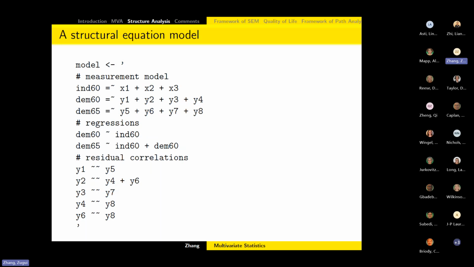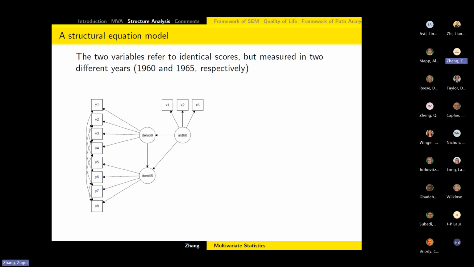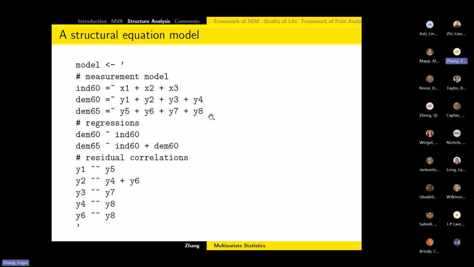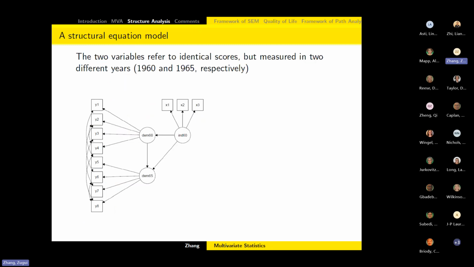So first, we define the measurement model. For the latent variable IND-60, this is related to 3 independent variables. So IND-60 is a function of independent variables x1, x2, and x3.